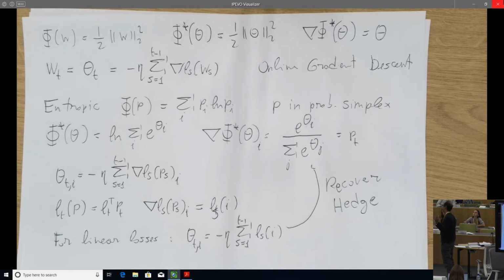But in more generality, we can do online learning over matrices, over many different objects, as long as these objects can be viewed as elements of a linear space. And choosing different regularizers will change the geometry of our gradient descent.